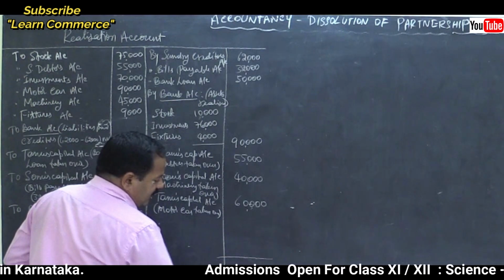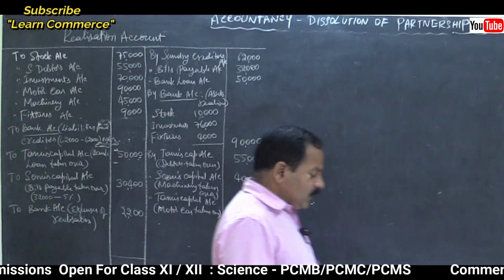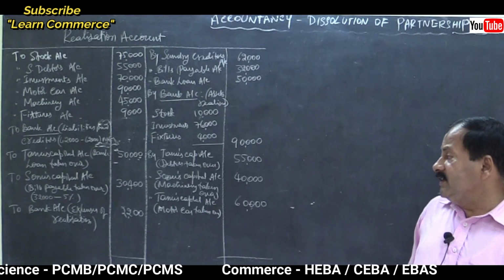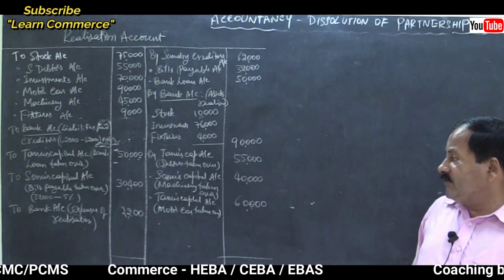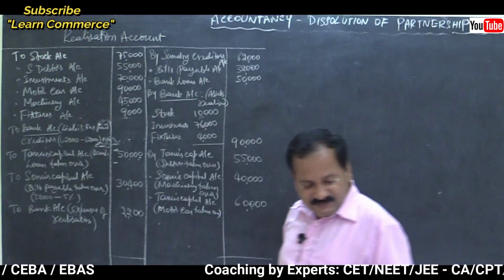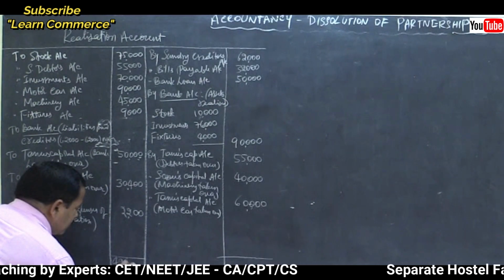Now let us see which side is greater. Debit side is greater, friends. There is a loss. Debit side is greater than the credit side total. So let us write the total of the higher side first, that is debit side, 426,600.